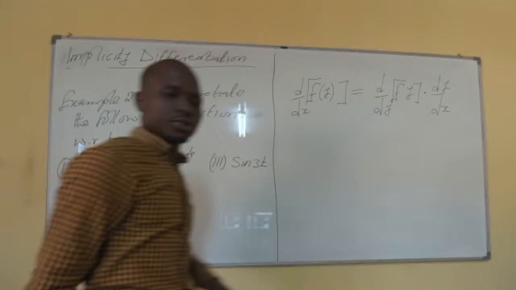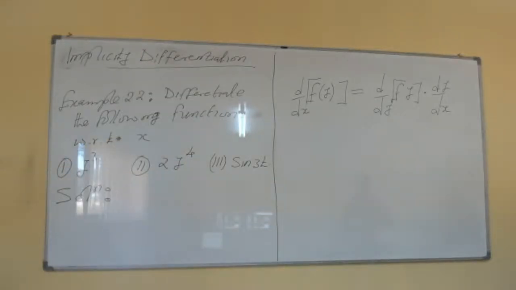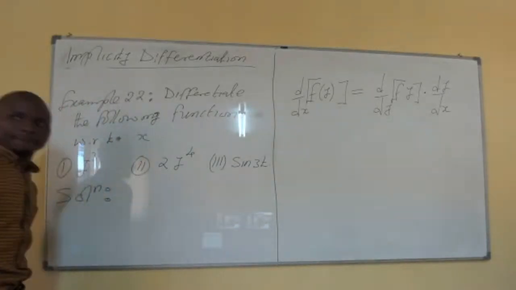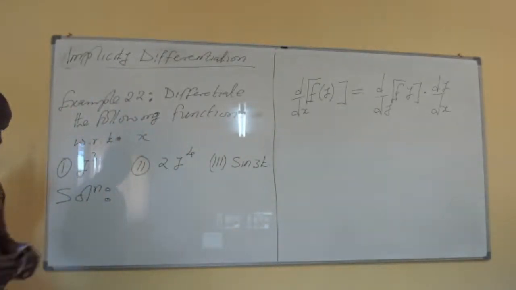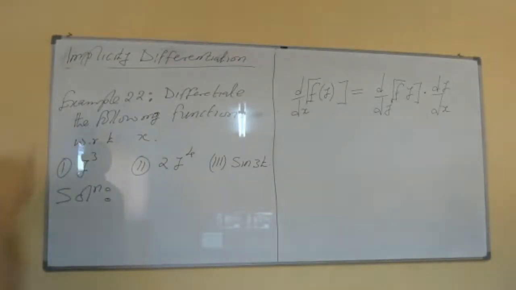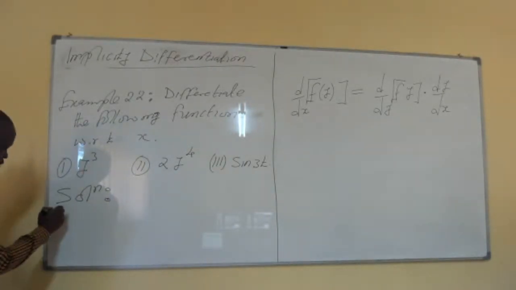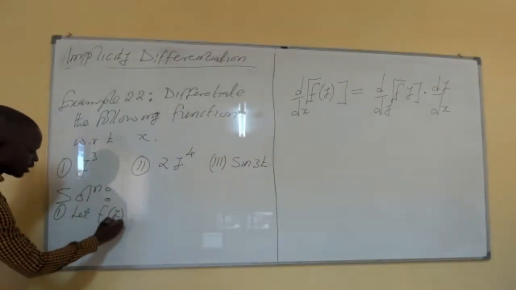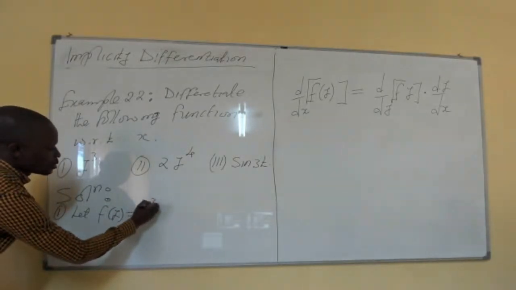So let's look at the examples. According to the solution, the first thing that we need to do, in part one, is to say let f of y be equal to y to the power 3.